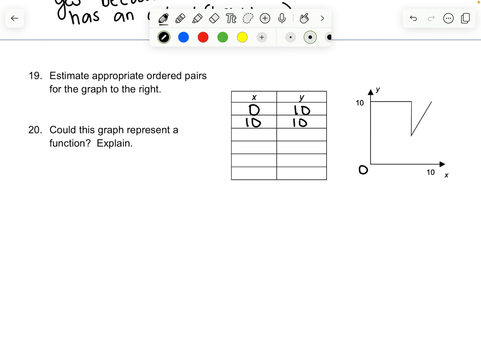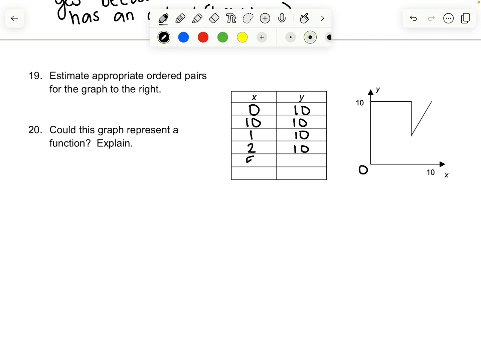Okay, another one. It looks like I have a straight line going across from 10. No matter how far I go, it roughly looks about halfway through the graph until I make some sort of change. So I can put 1, 10, and 2, 10. But something happens at number 5 where it's just a straight line down.